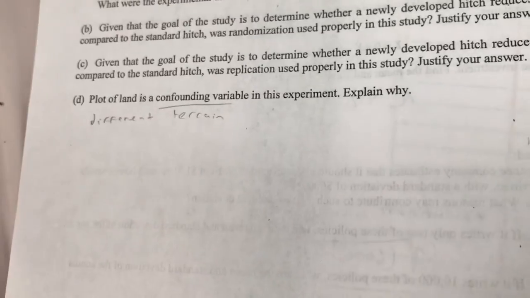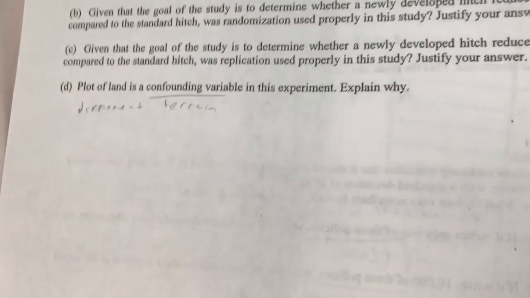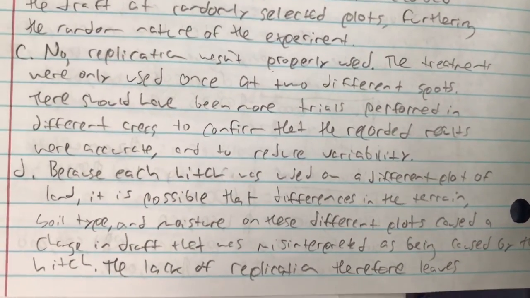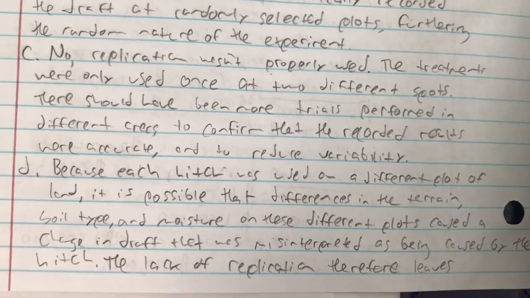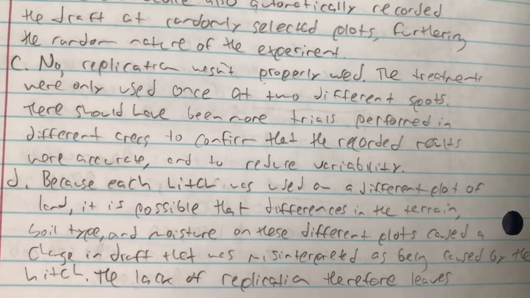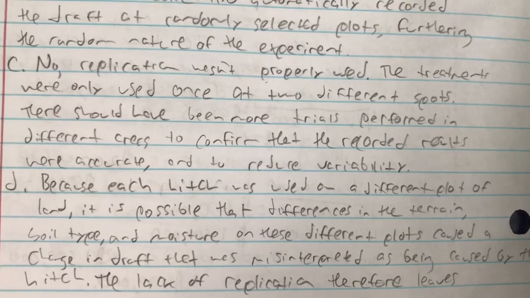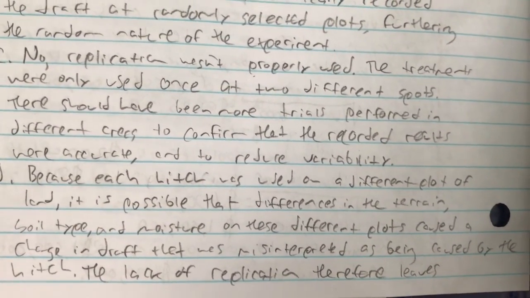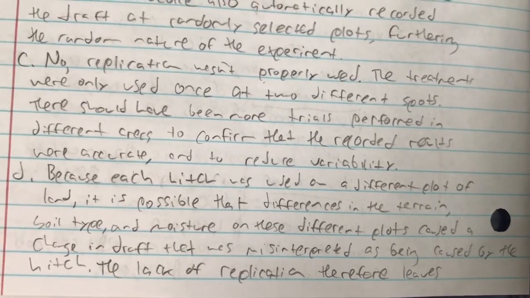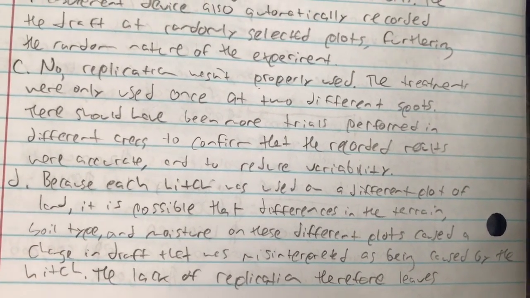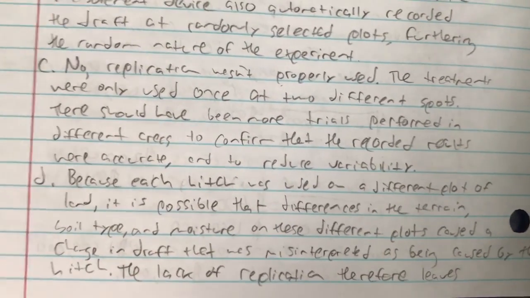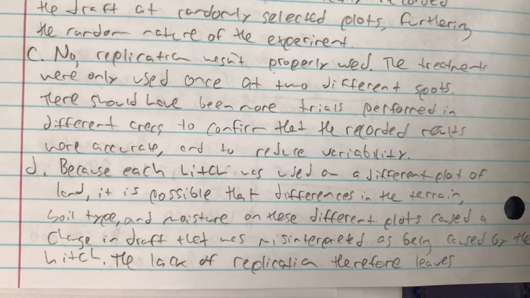It mentions that the plot of land is a confounding variable, and to explain why. I said that because the hitches were used in different plots of land, it's possible that differences in terrain, soil type, and moisture, all things that the draft is dependent upon, were the cause of differences in the response variable, the draft, rather than the standard or the new hitch, because of that lack of replication.